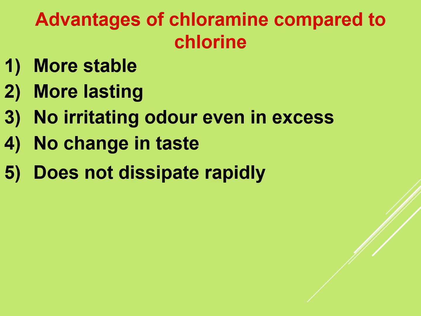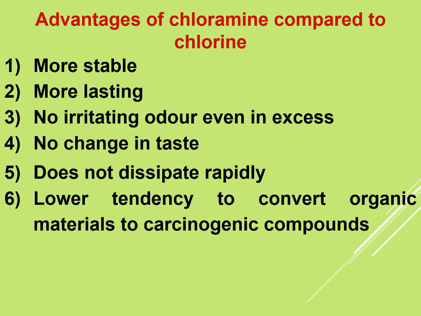That is why even if you put it in excess, the chlorine released will be less. That is, HOCl formed will be less compared to the same amount of chlorine. Lower tendency to convert organic materials to carcinogenic compounds. Because the dissipation is slow, the amount of HOCl formed will be less.